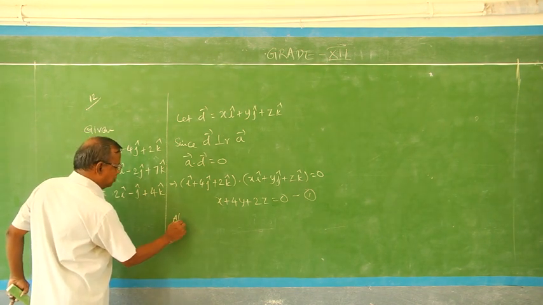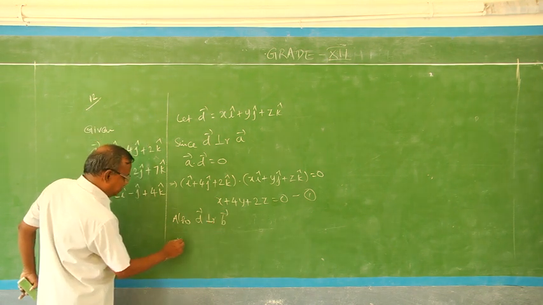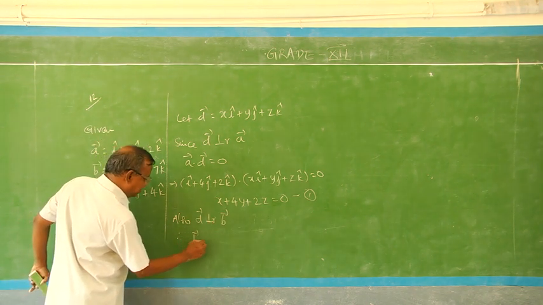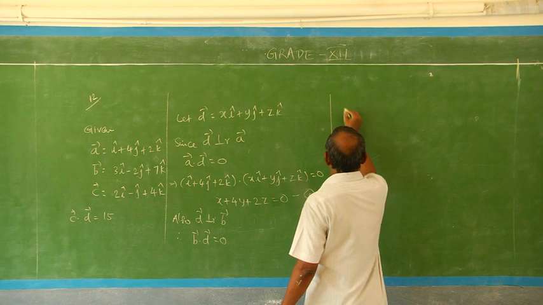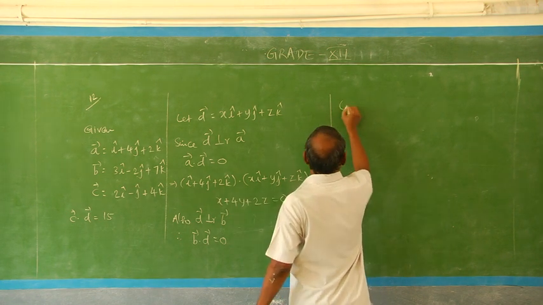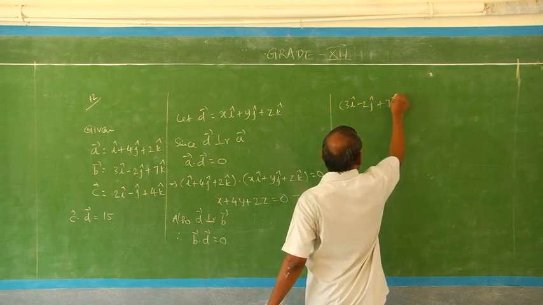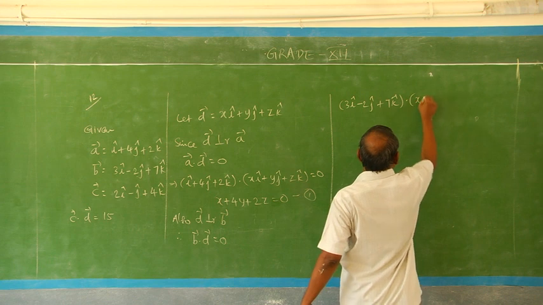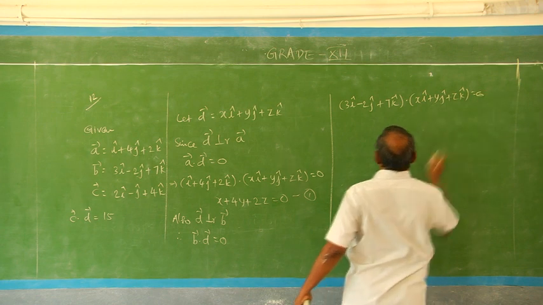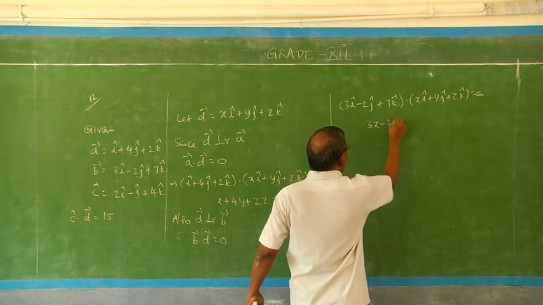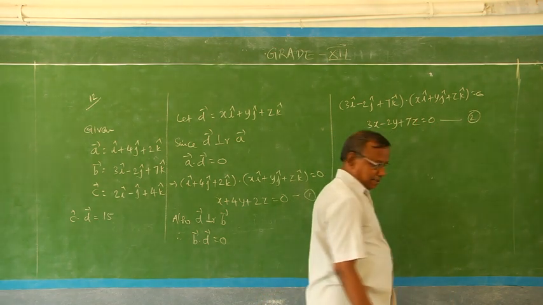Similarly, D vector is also perpendicular to B vector, therefore B vector dot D vector equal to 0. That is 3i minus 2j plus 7k dot xi cap plus yj cap plus zk cap equal to 0, which means 3x minus 2y plus 7z equal to 0. Say this is the second equation.